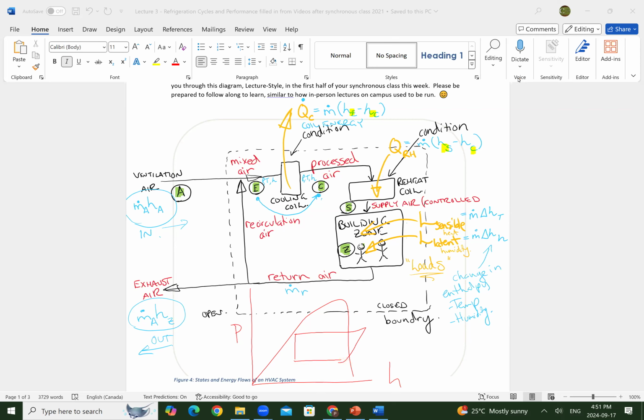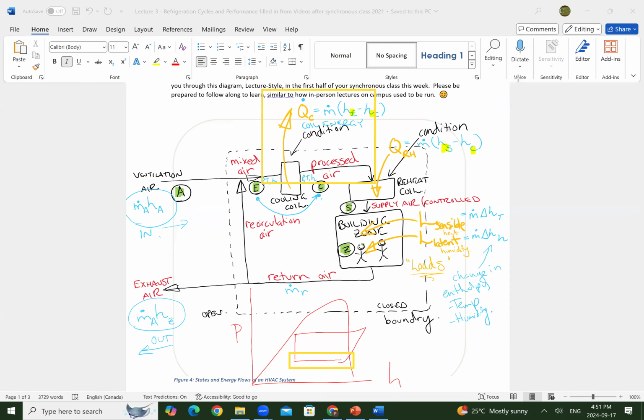So let me kind of color code this. If I were to draw, here's the cooling, then I would say the cooling happens down here on the curve. So that means that I'm probably going to have the pressure going in be the same as the pressure coming out.